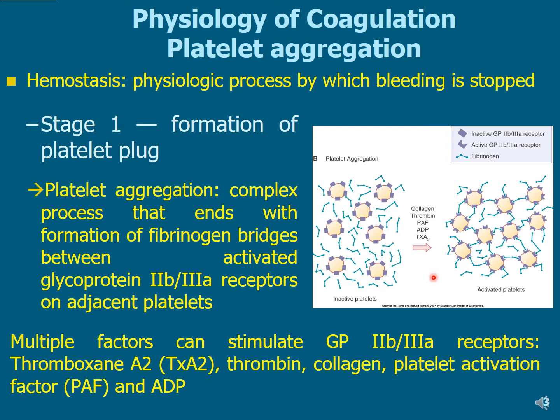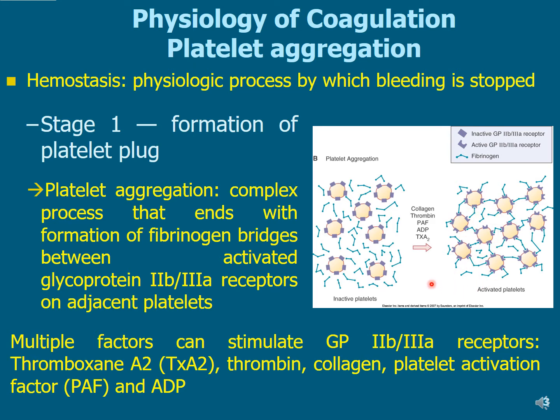The platelets are going to be activated by several factors such as collagen, thrombin, platelet activating factor (PAF), ADP, and thromboxane A2, and this is going to lead to the activation of their surface receptors. You see the active glycoprotein 2B3A receptors, and you're going to have the formation of fibrinogen bridges between those platelets.